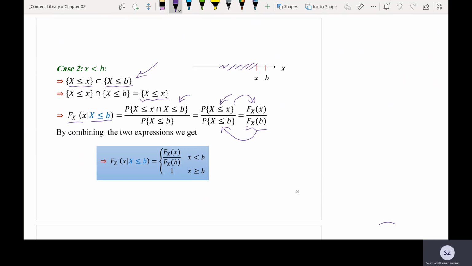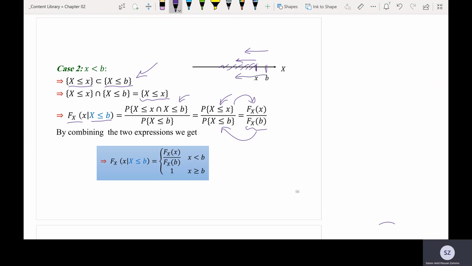What is the probability that X is less than or equal to this number, given it's less than this number? Clear? Okay, given it's less than this number, what is the new sample space?